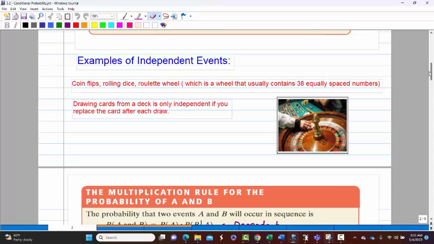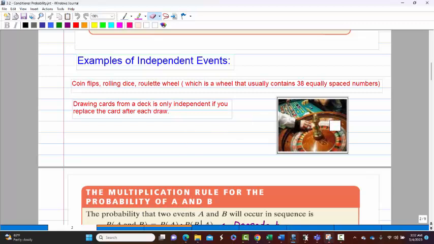In other words, the probability of rolling a 5 on the second roll, given that you rolled a 5 on the first roll, would be the exact same thing as just rolling a 5, because it would not have mattered that the 5 came on the first roll. Same thing with coin flips. Even if you flip the coin and you get heads 5 times in a row, that does not affect the next probability. It could be heads again, it could be tails, but it still has a 1 out of 2 probability. It's not affected by those earlier flips.